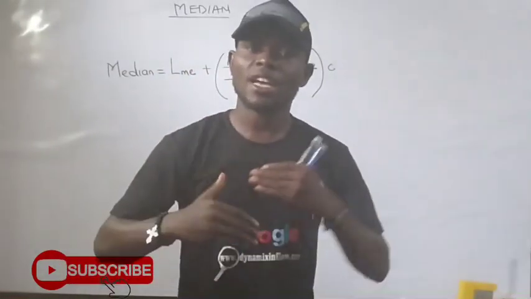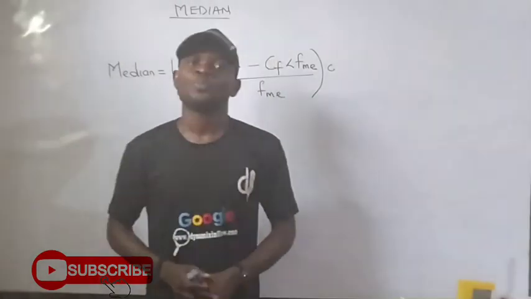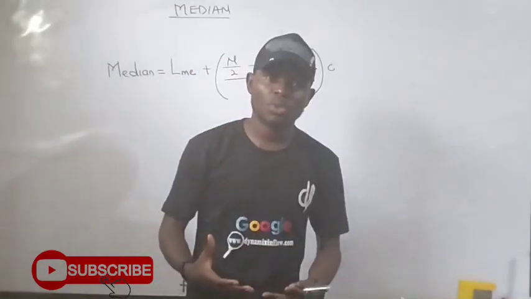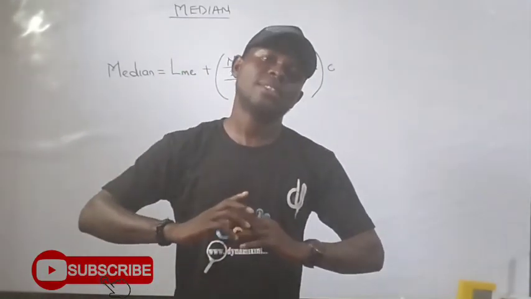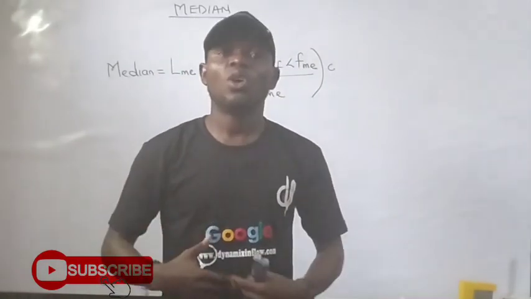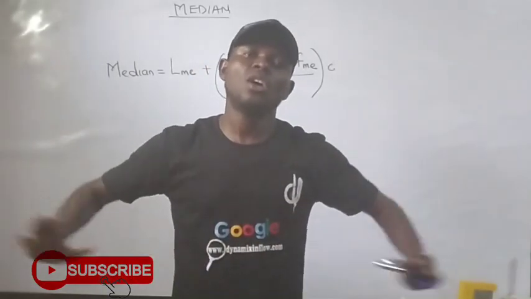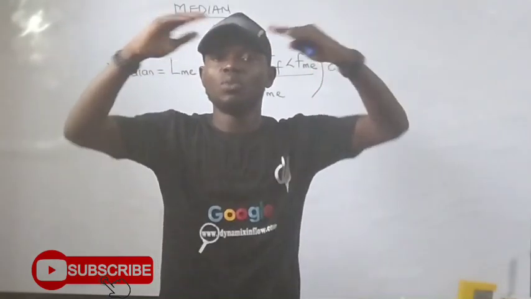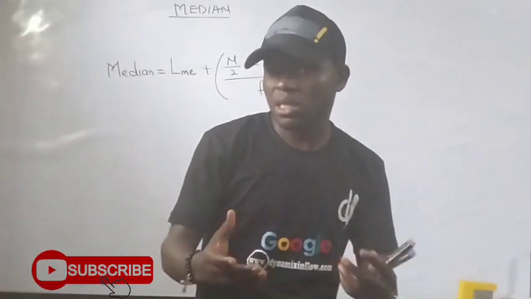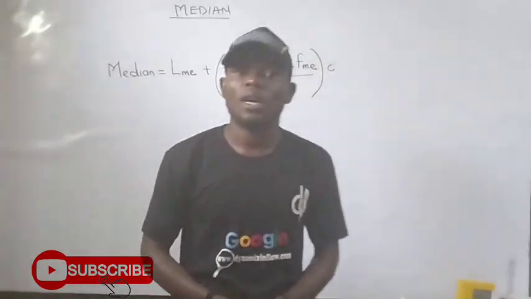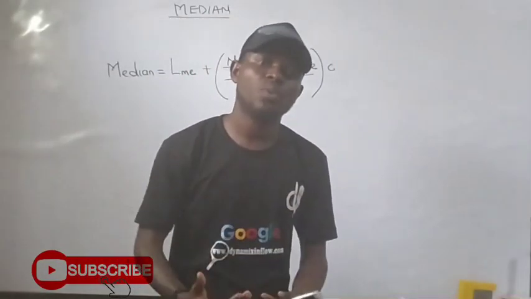A distribution can be unimodal, meaning just one data occurs the most, or bimodal, meaning two data occur the most with the same frequency, and it can also be polymodal. The definition is self-explanatory.